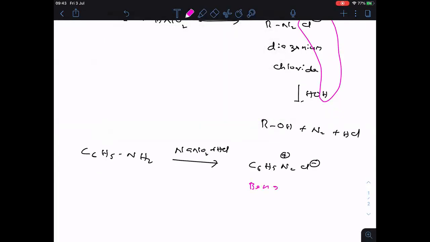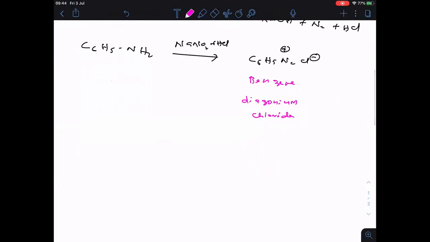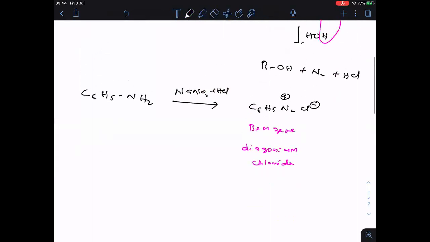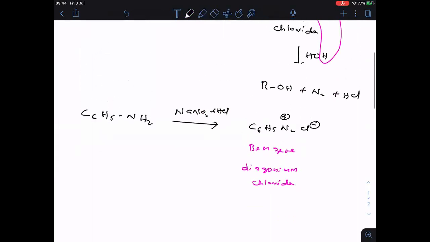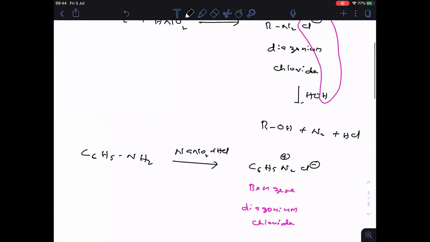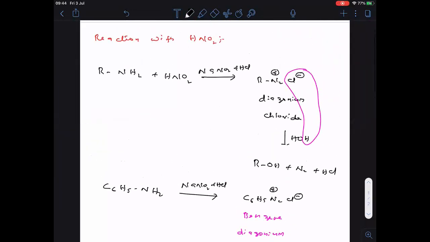This is said to be benzene diazonium chloride. So this is the reaction with HNO2.